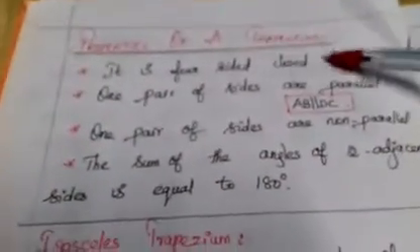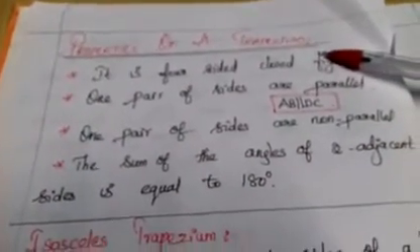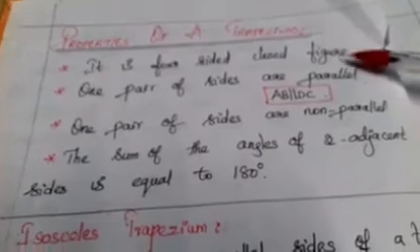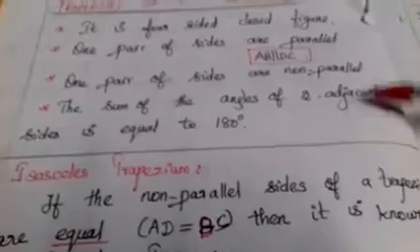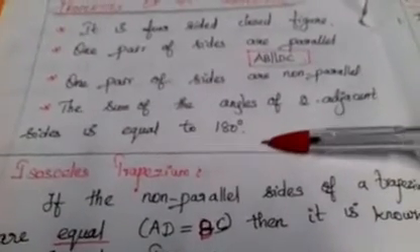Next, I already taught the properties of trapezium: it is a four-sided closed figure, one pair of sides are parallel, one pair of sides are non-parallel, and the sum of the angles on two adjacent sides is equal to 180 degrees.